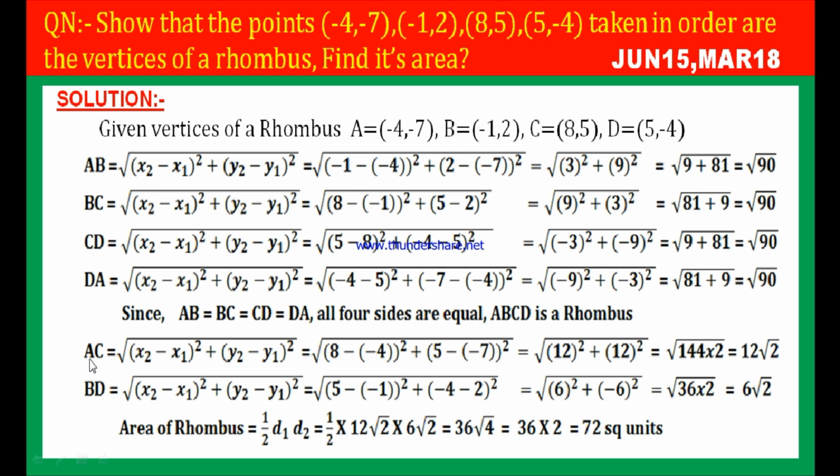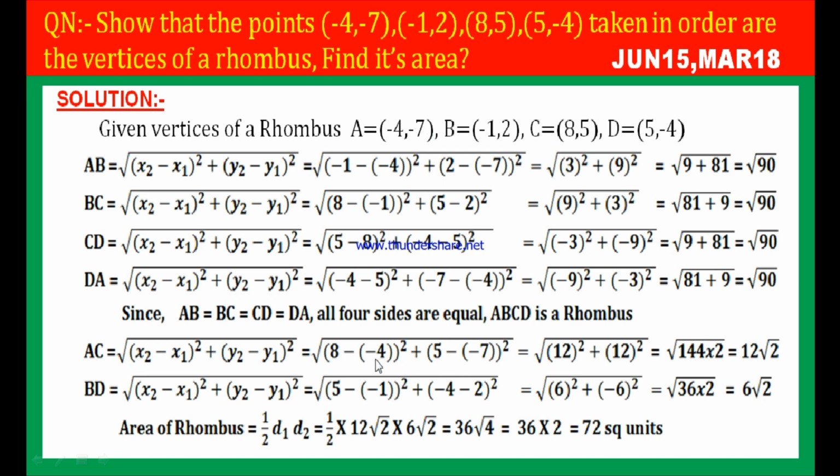And now, let us find the length of the first diagonal AC. AC is the diagonal. Again, length of the diagonal, distance formula, and we are finding the distance between A and C. Since AC distance we are finding, the coordinates of A will be x1, y1 and the coordinates of C x2, y2. Distance formula, root over x2 minus x1 whole square plus y2 minus y1 whole square. x2 minus x1, 8 minus of minus 4 whole square plus y2 minus y1 whole square, 5 minus of minus 7 whole square.